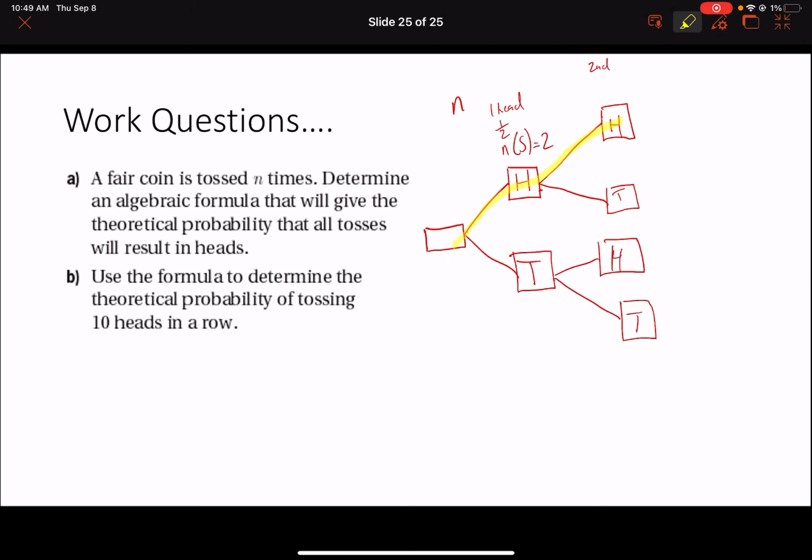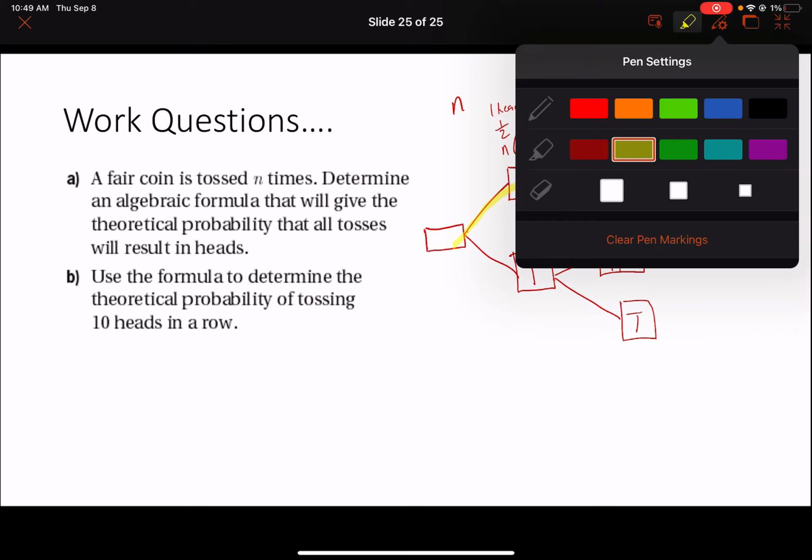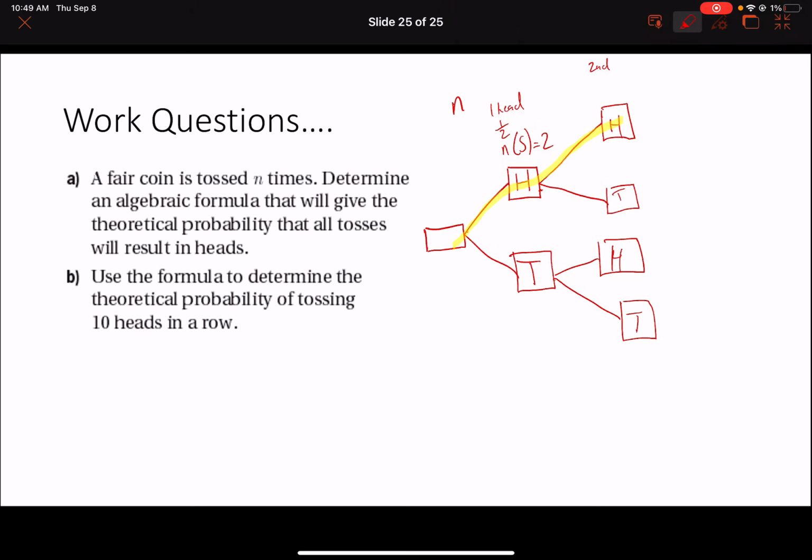We got heads up here, and that's one case where it's heads in a row. So if we get 2 heads in a row, that's 1 out of 1, 2, 3, 4. 1 out of 4. n(S) is 4.